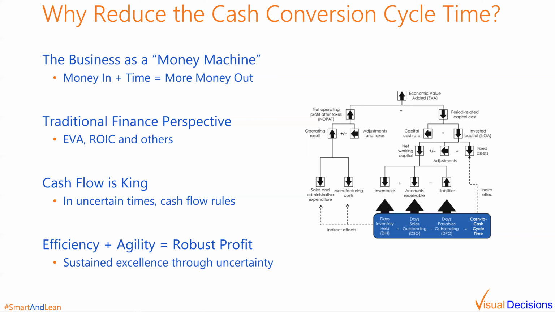And being able to speed up that cash flow, being able to convert that cash more quickly is going to help you as a business be much more agile and responsive to changing market conditions and so forth. And so, being able to create that agility while maintaining efficiency is going to help you have much more robust profitability through these kind of uncertain times.